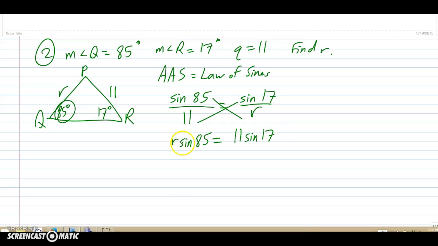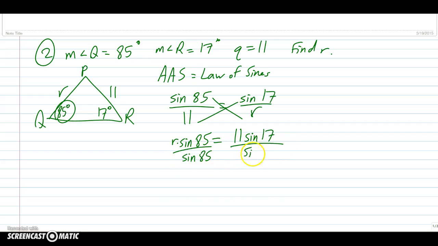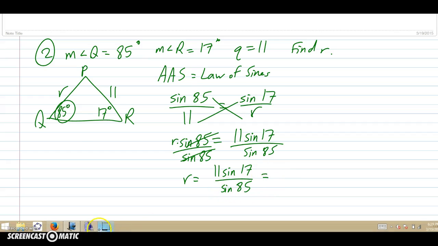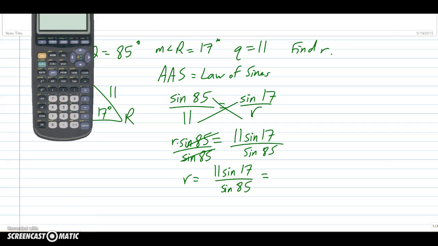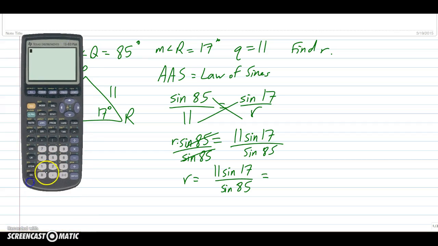The only thing I need to do to get R by itself is divide both sides by the sine of 85. Then R will be 11 times the sine of 17 divided by the sine of 85. So this is where I go to my handy-dandy calculator and type this in: 11 sine of 17.